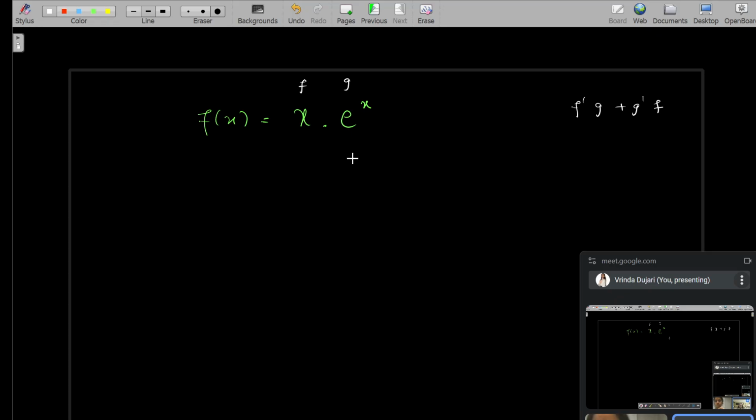So this will be 1 times e of x plus e of x times x. So that's equal to e of x plus e of x times x.